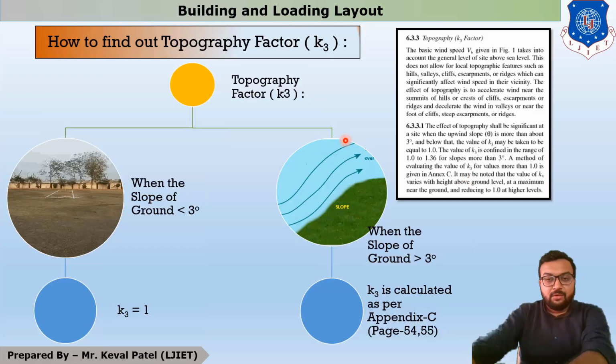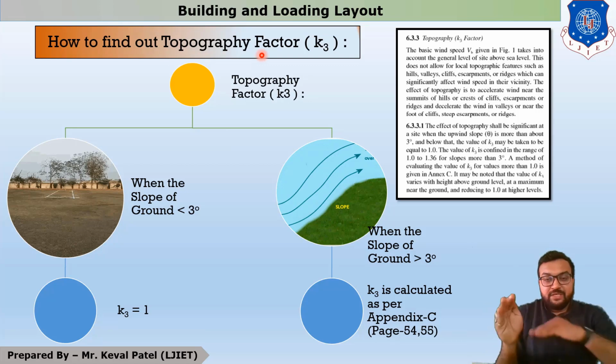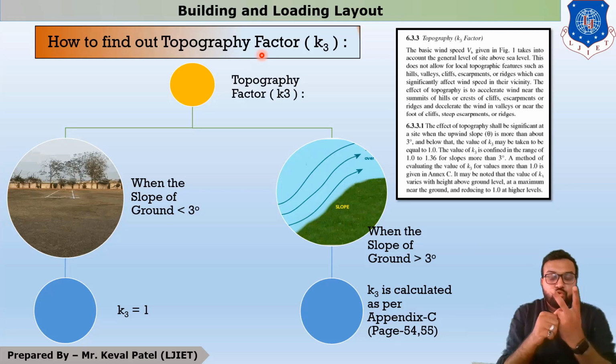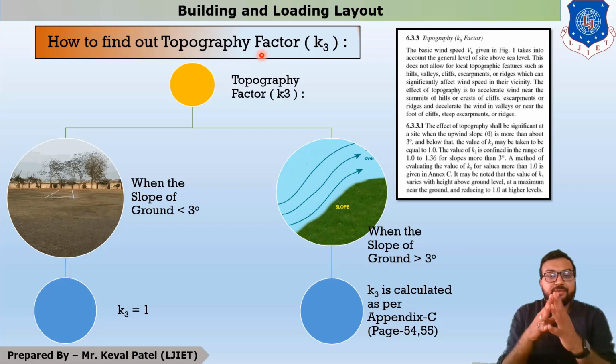Okay, now our fourth unknown is K3. K3 means topography factor. Topography factor means on which surface you have to make your building. So there are two topography factors. First one is ground having slope less than 3 degree, and second one is ground slope greater than 3 degree.